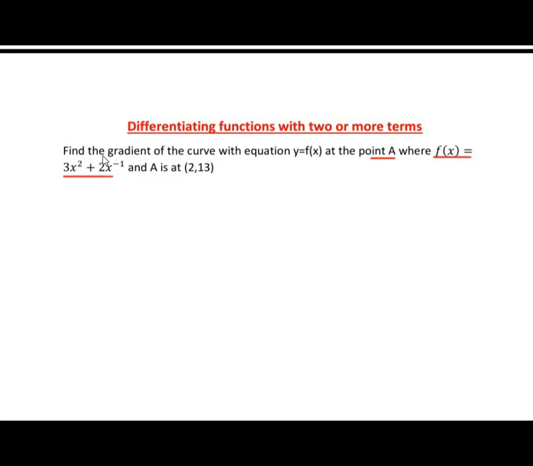Whenever they ask you to find the gradient of the curve, it means they are asking you to differentiate the given expression. Here the given expression is f of x equal to 3x square plus 2x to the power of negative 1. If we want to differentiate this, there is a general formula for differentiation.